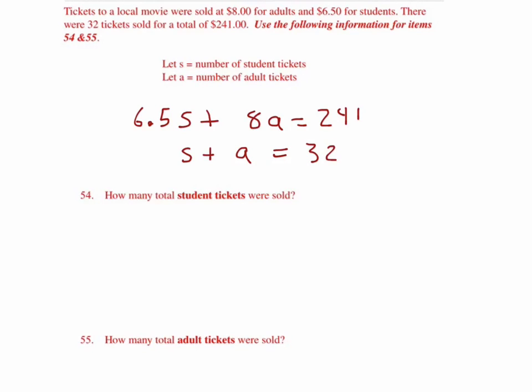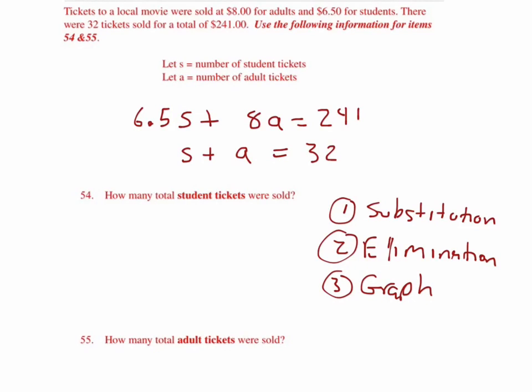Then you need to use elimination, graphing, or substitution. Substitution's probably the easiest right now. Or no, elimination's easy too. I like them both, but I'm going to end it here.